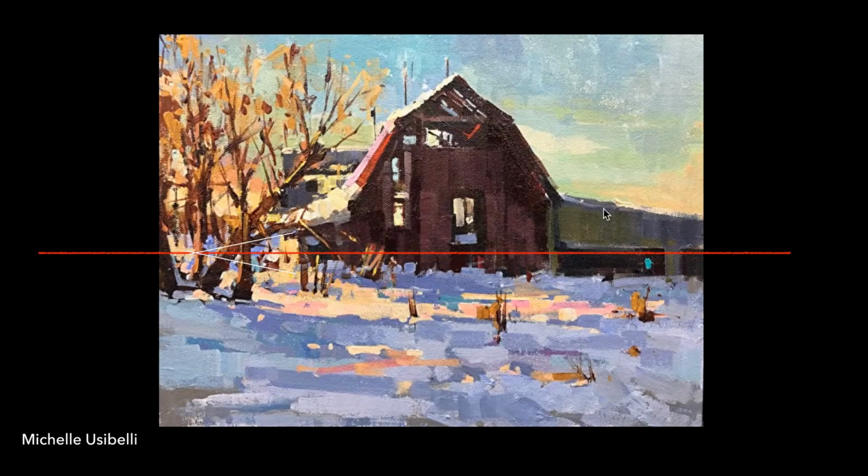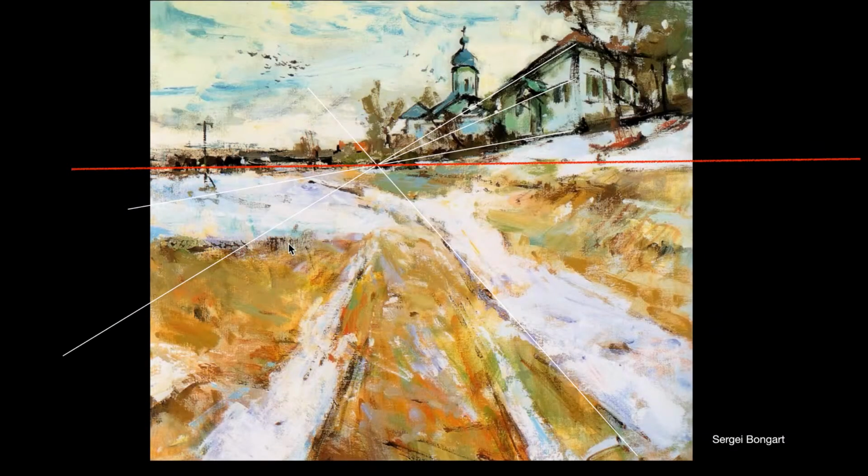Here's a similar barn done by Michelle Usabelli, and yes, it is loose, but the part of the barn that's turning away from the viewer is in perspective. And another Sergei Bongart painting, loose, loose, loose, and yet all of the lines vanish. He's got his vanishing point and perspective.